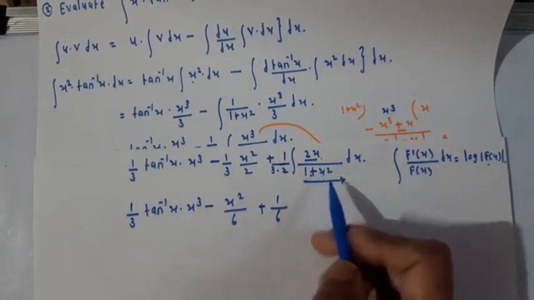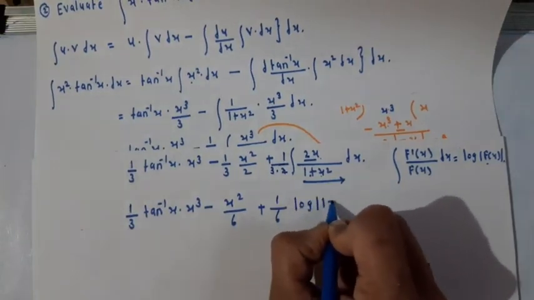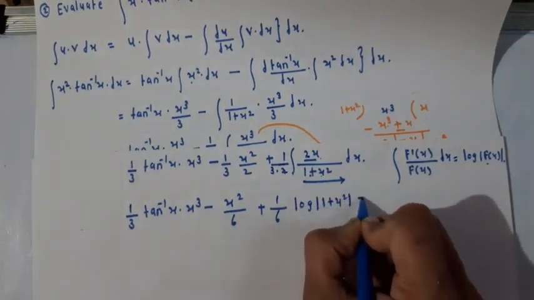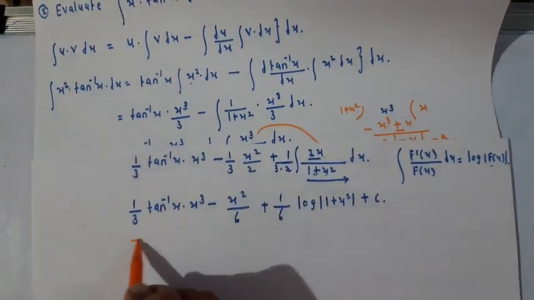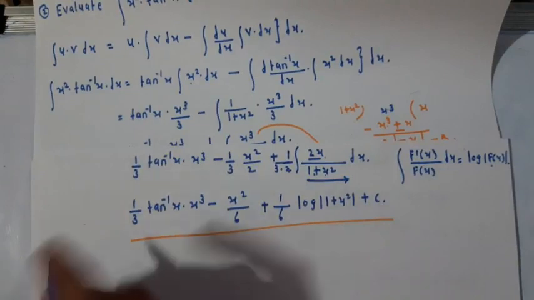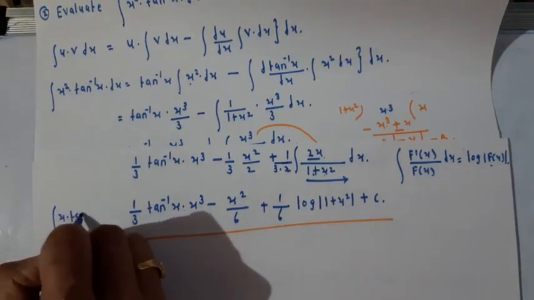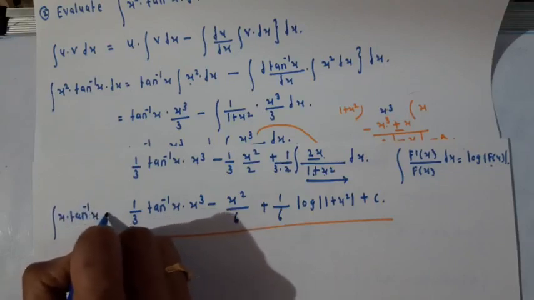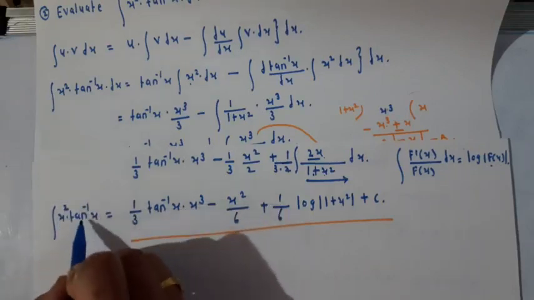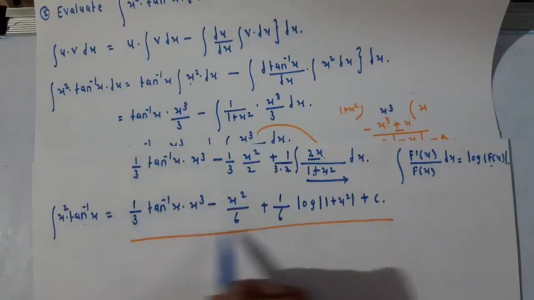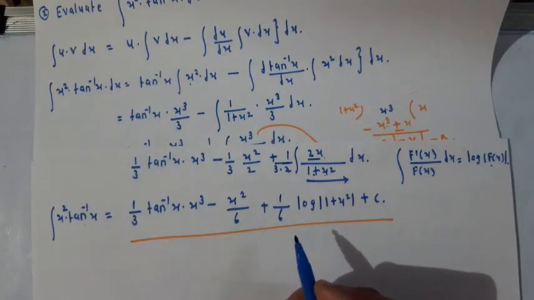F of x is 1 plus x square, hence this is log of 1 plus x square plus constant of integration c, and this is the solution of the problem, that is integration of x square into tan inverse of x. This is the solution for the given problem.